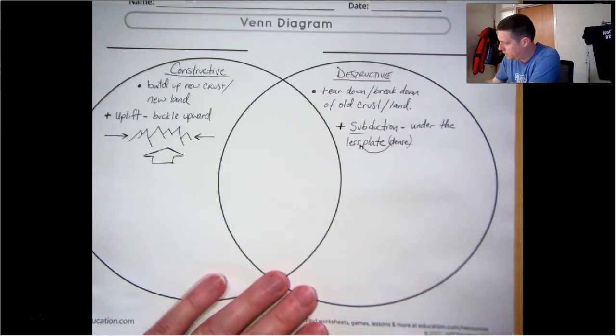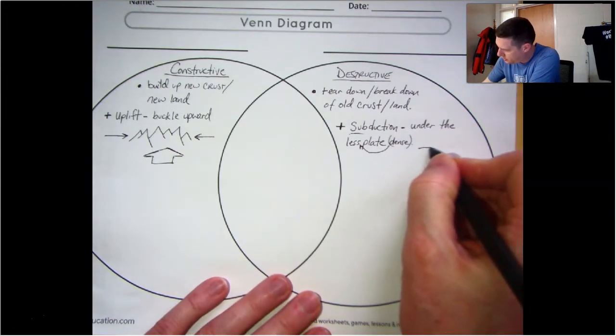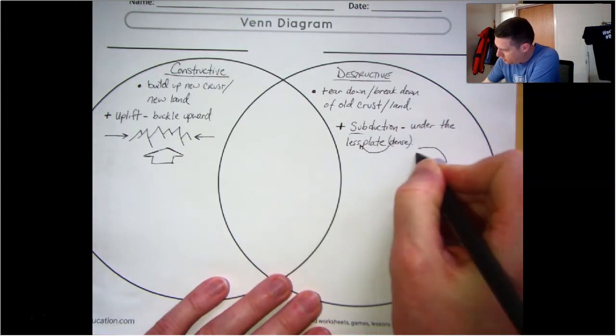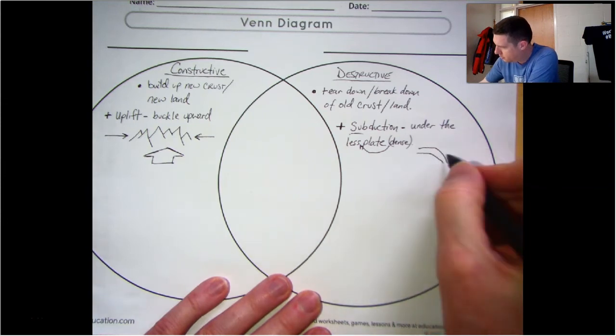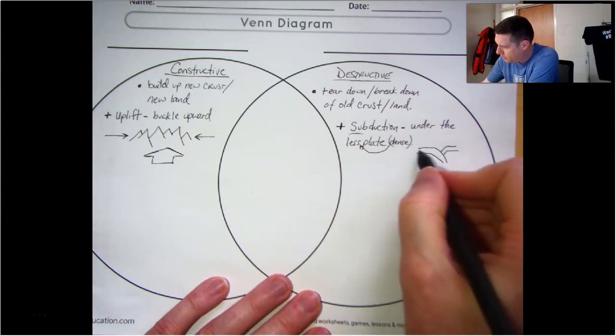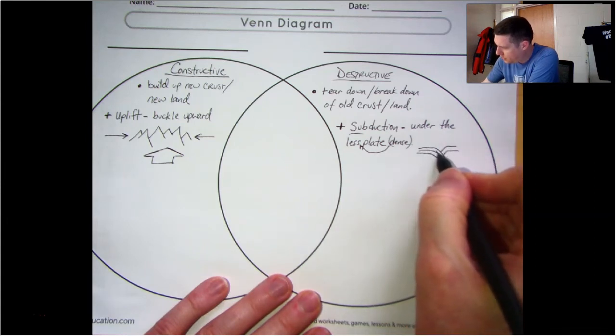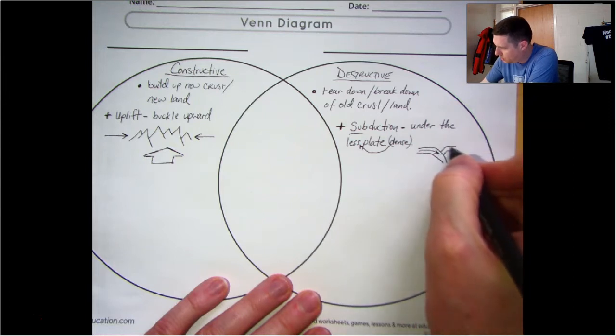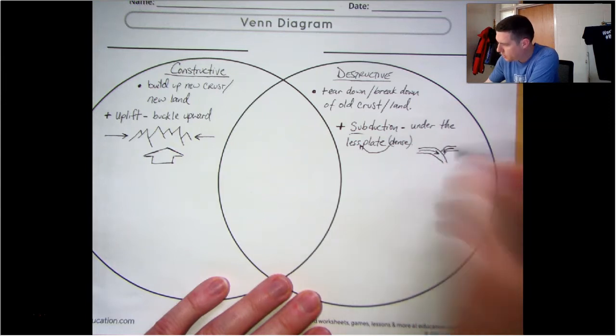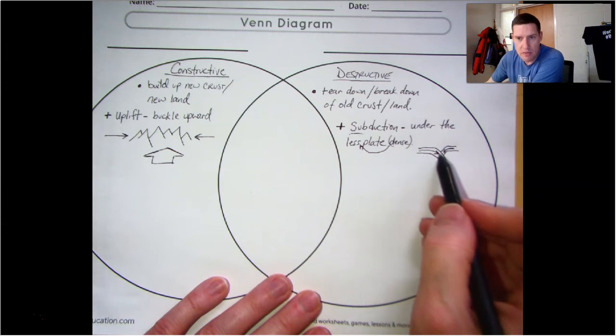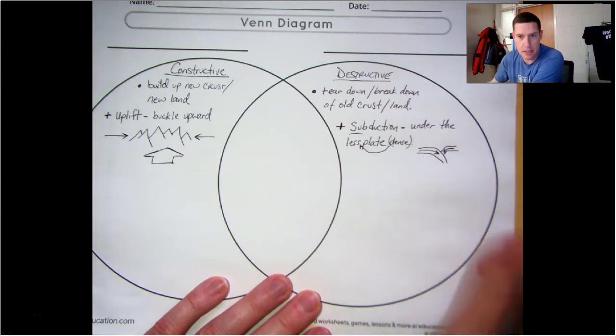And this drawing here, we've done a lot of. So this is one that you've seen. So you've got one plate, and because it is more dense, as they converge you have the more dense plate being driven down underneath the less dense plate.